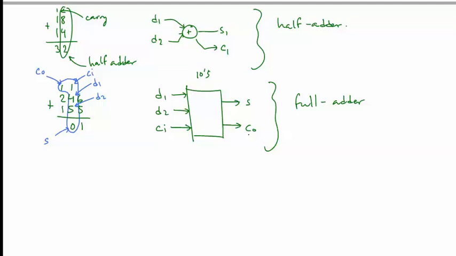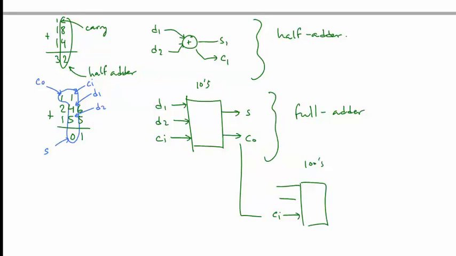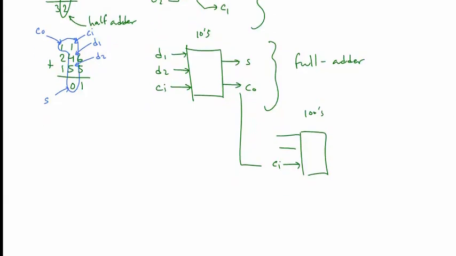We could take the carry out, take that into a carry in for another block, right? And we could use this to implement the hundreds and so forth. Okay, so you're going to produce a 4-digit adder, which would be like ones, tens, hundreds, thousands, but it's going to be binary, not decimal.